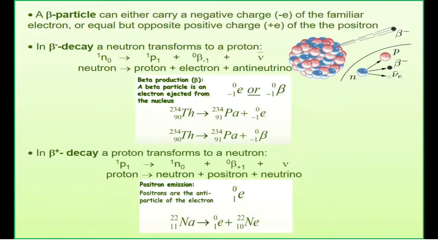A beta particle can either carry a negative charge of the familiar electron or an equal but opposite positive charge of the positron. In beta electron decay, a neutron transforms to a proton.